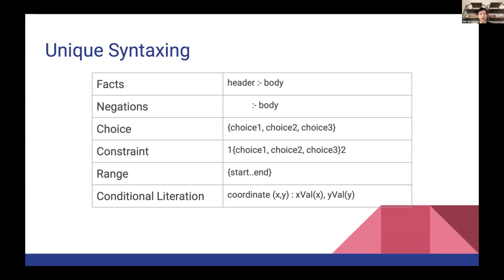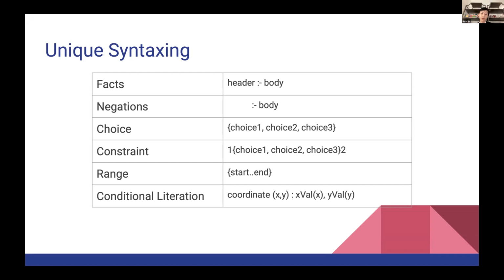The whole idea of answer set programming is that we're trying to program a set of answers that satisfy the logic that we have constrained it to. So these two come in very handy when we're trying to logic things out.